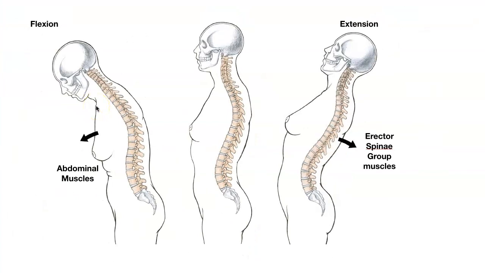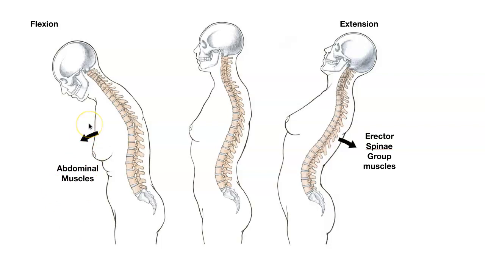So we are going to be saying these abdominal muscles are going to be moving the vertebral column. When you contract your abdominal muscles, and we'll talk about this in a little bit, we're contracting our external oblique, internal obliques, and our rectus abdominis to give you this forward motion.